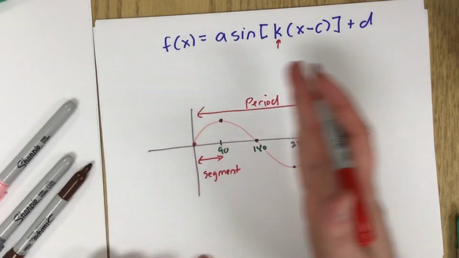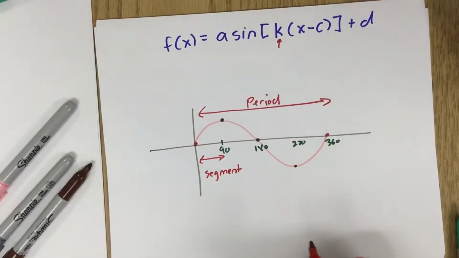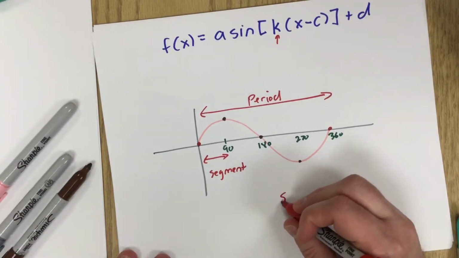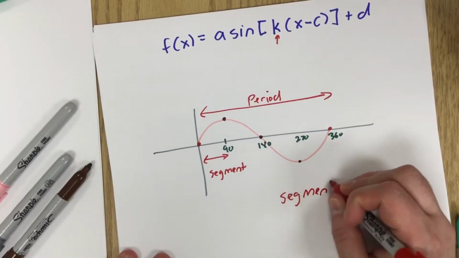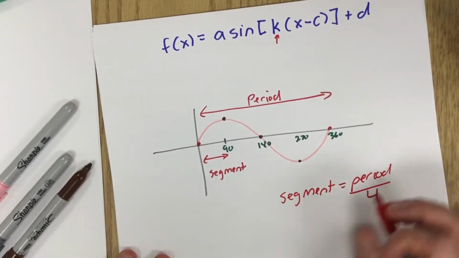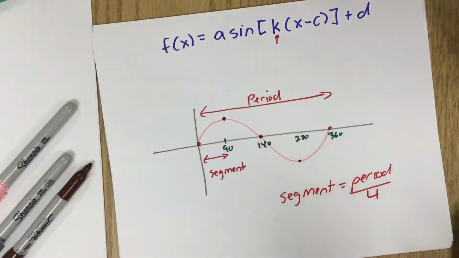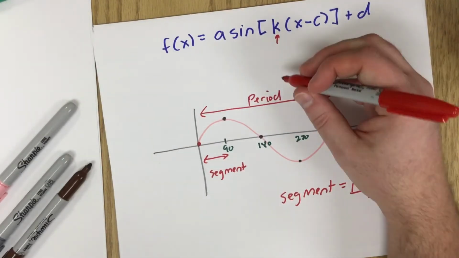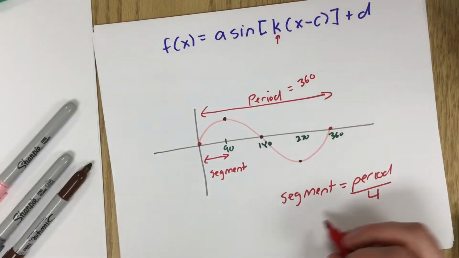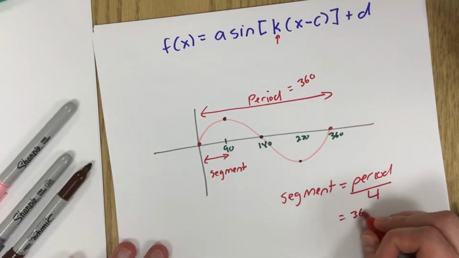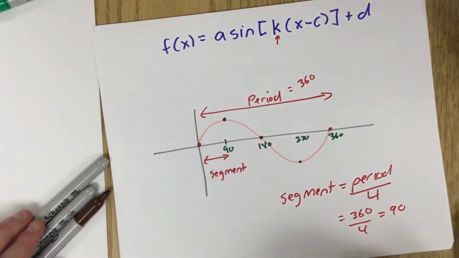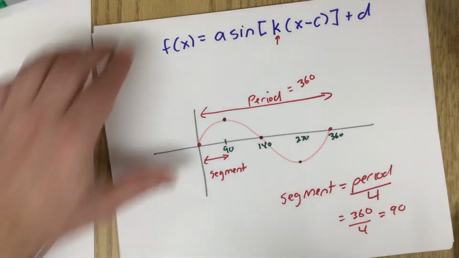Each of these points is a quarter period, or a segment, away. So the formula is: the segment is the period divided by 4. For a regular sine graph, the period is 360, and the segment is 360 over 4, which is 90 degrees.